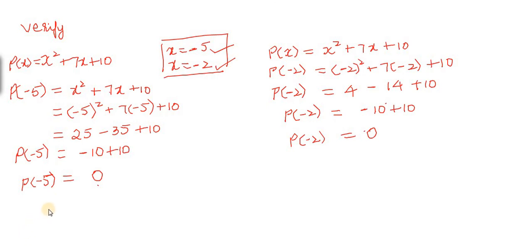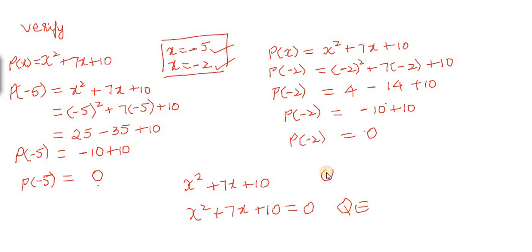Do you remember the difference between a quadratic equation and a quadratic polynomial? In the initial first video I told you that. Here x square plus 7x plus 10 is a quadratic polynomial. But x square plus 7x plus 10 equal to 0 is a quadratic equation.